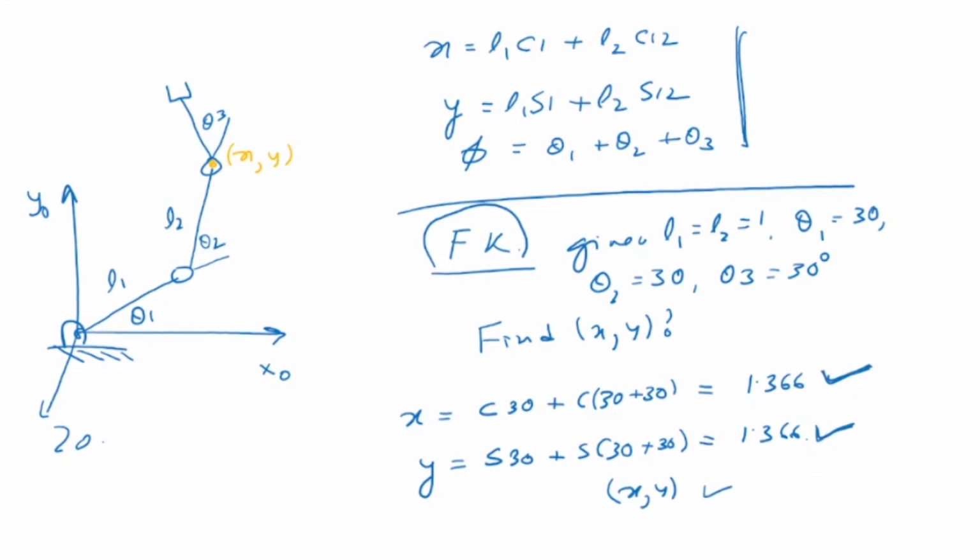Now L1, L2 equal to 1, just for simplicity. It can be anything actually. We are required to find the inverse kinematic solution. So let me again write the inverse kinematics problem.